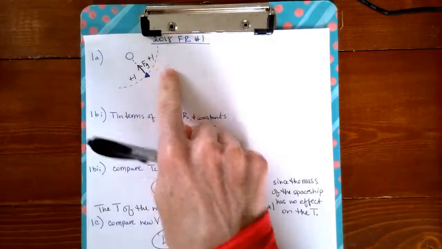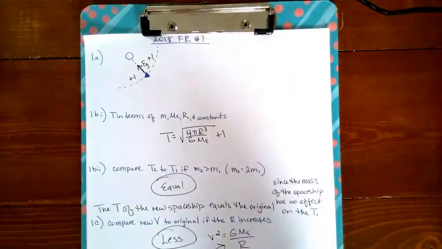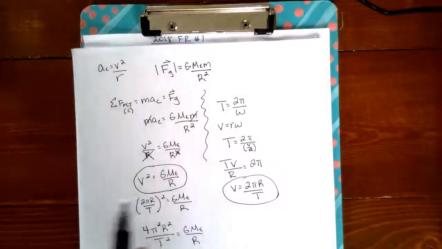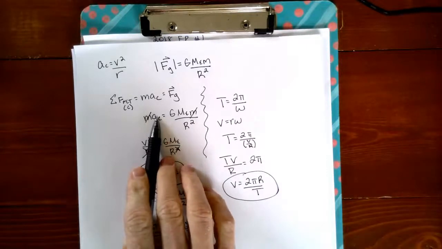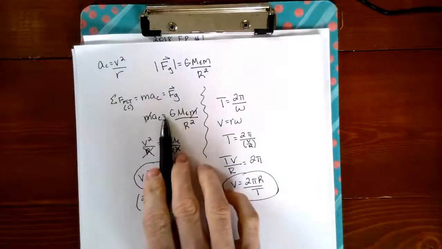But if we go back to our original work, if you used Newton's second law and you related the centripetal acceleration to the gravitational force, that was worth a point for setting those equal. Okay?